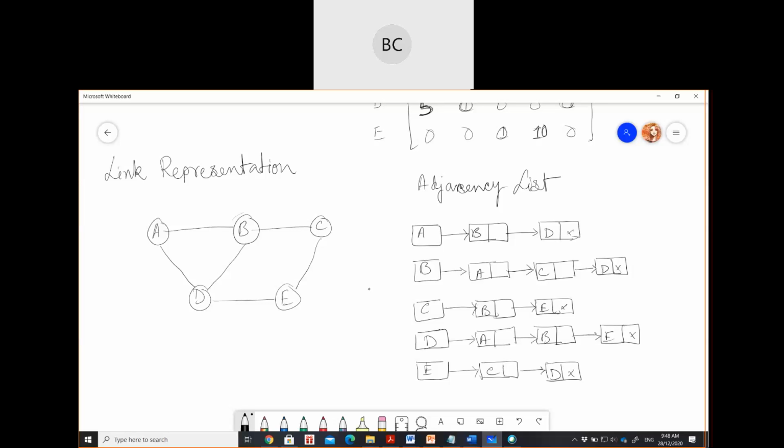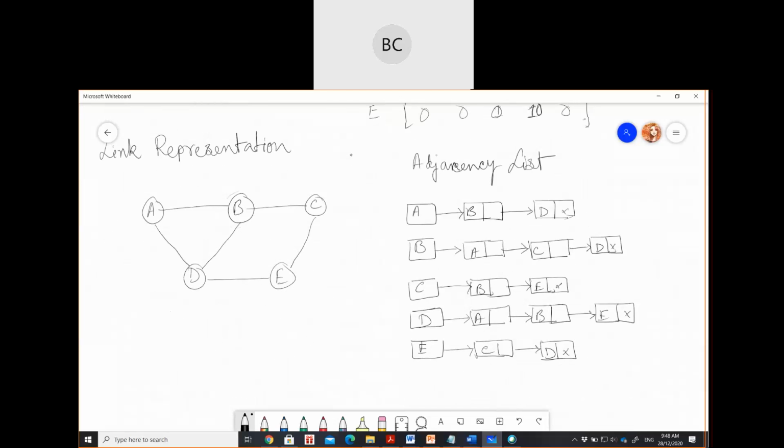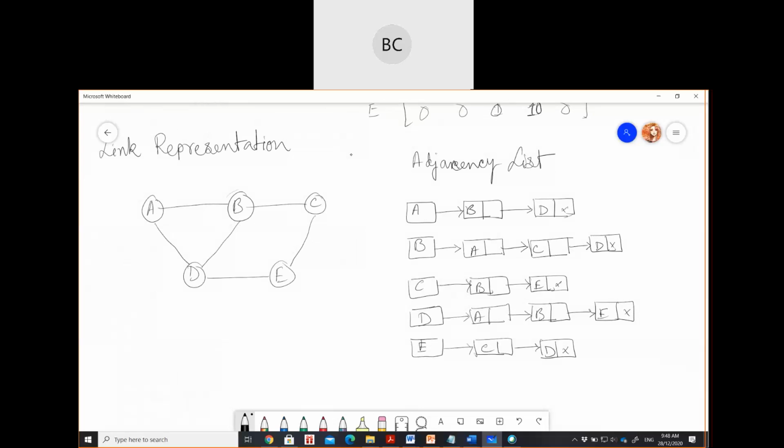Ma'am, explain once again. Okay, so you can see here in the matrix we just wrote 1, 1, 1. The adjacency list maintains, for each node present in the graph, the node value and a pointer to the next adjacent node.